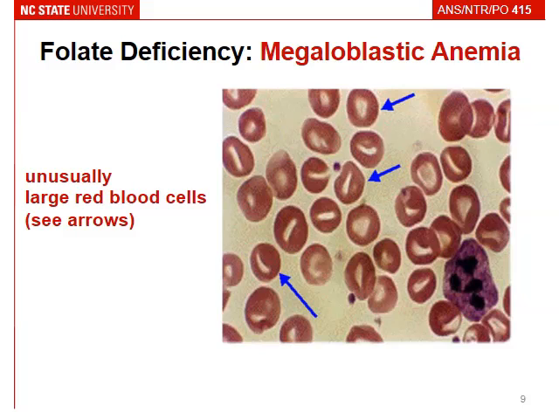So here we have a picture of our megaloblastic anemia. You can see that the red blood cells are unusually large. They look more roundish, not as much disc form. So that's one indication that you have a folate deficiency.